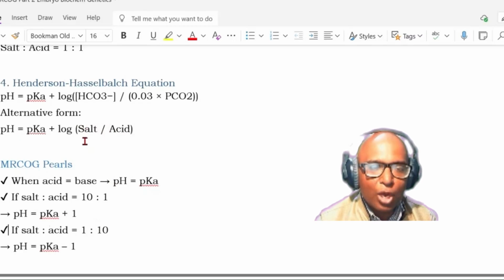When salt is 10 times and acid is 1 times, it will be log of 10 to the base 10, which is equal to 1. So pH equals pKa plus 1 when this ratio is 10. But if this is opposite, then pH equals pKa minus 1.